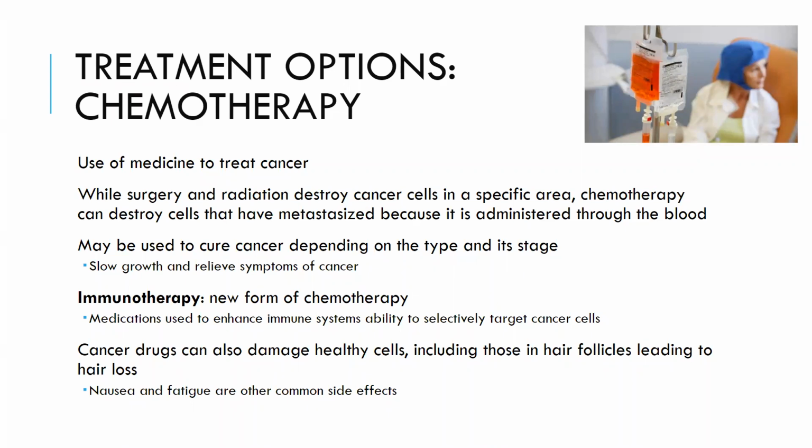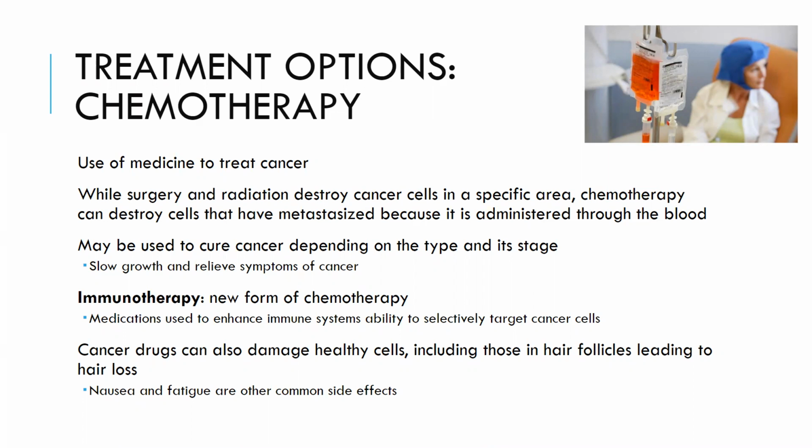So it's impacting the entire body versus just an area. And so again, if a person has metastasis, then chemotherapy is probably going to be the best approach compared with radiation or surgery. It may be used to cure cancer depending on the type and the stage. It can slow the growth of cancer and also relieve some of the symptoms as well.